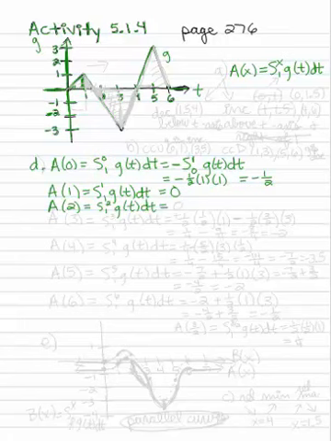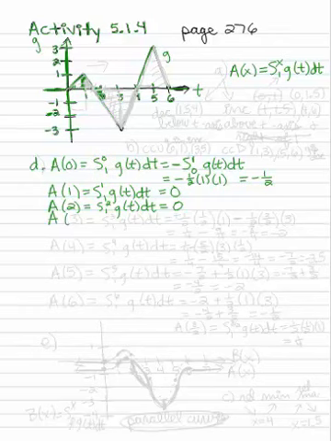So if we look up here from 1 to 2, we've got this above and this below. But since it's falling at a constant rate, it's hitting at a half here, which means that the size here is the same as the size here, and they're opposite in sign. So overall, I've got 0.